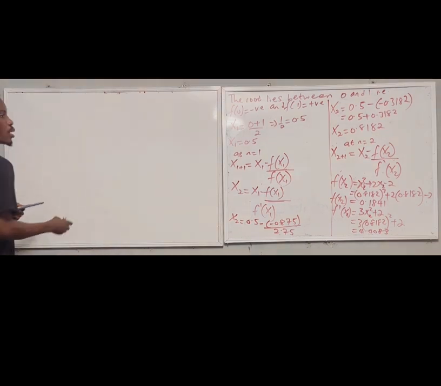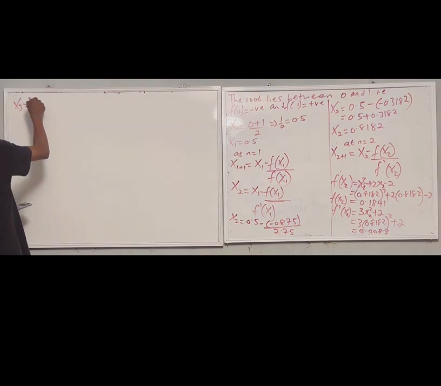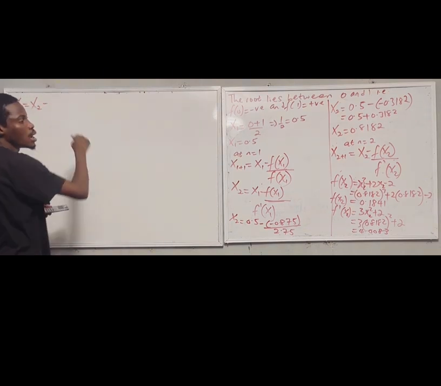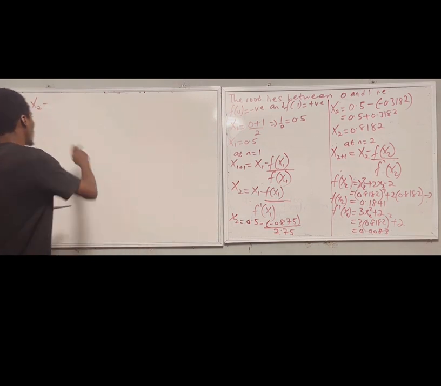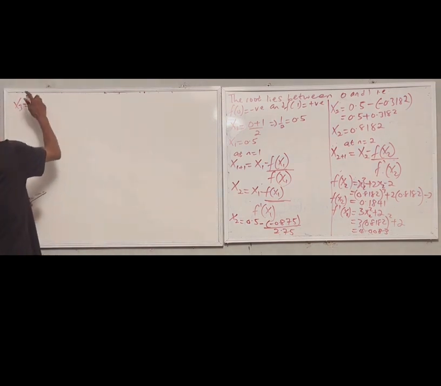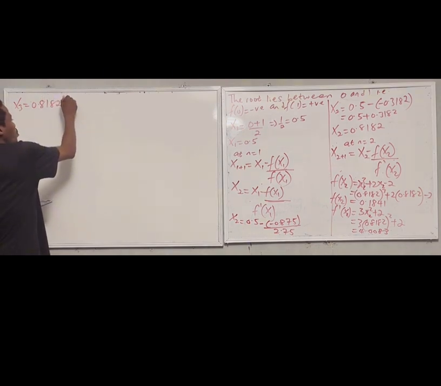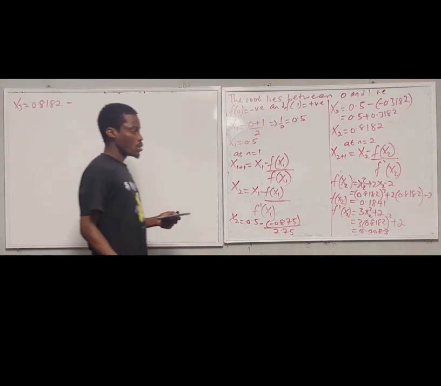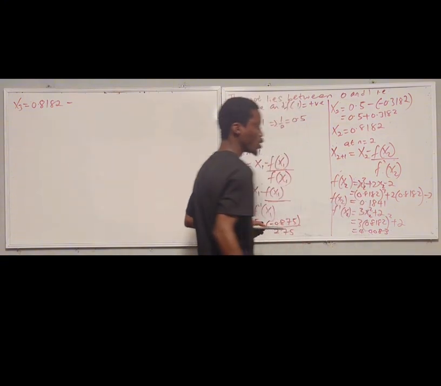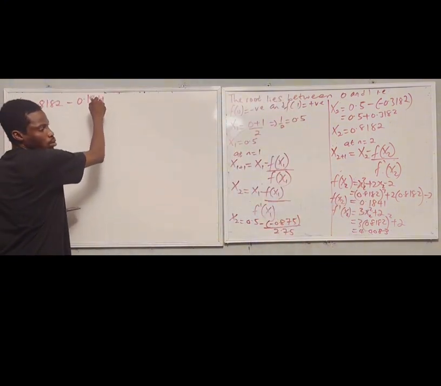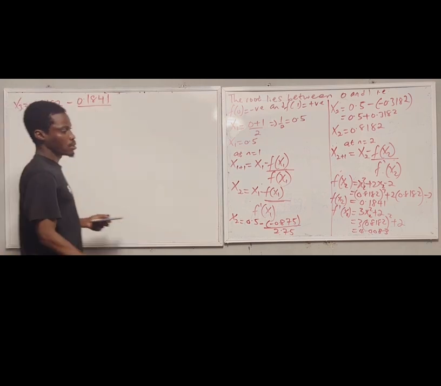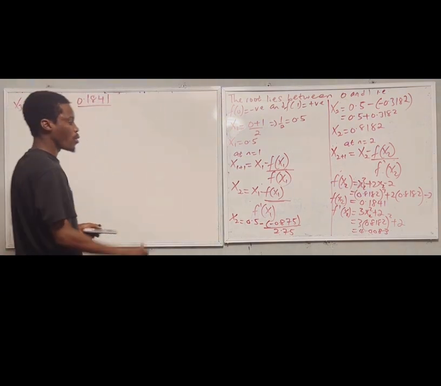According to the formula, S3 is equal to S2 minus f of S2 over f prime of S2.